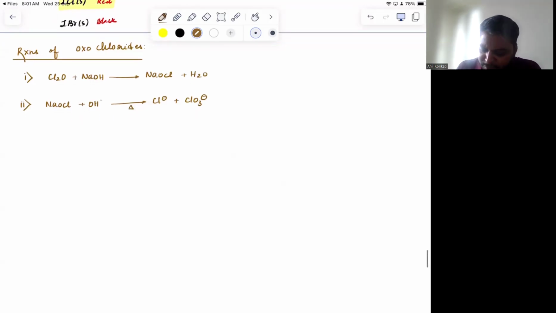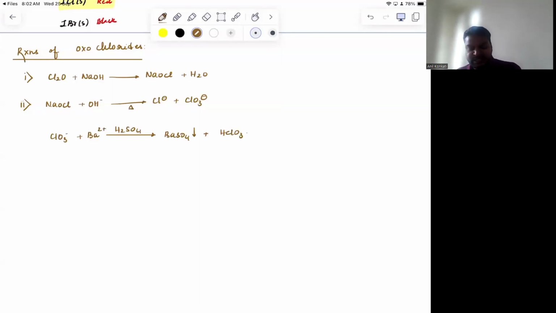And if we pass this ClO3 minus in the presence of barium, this will convert into barium and H2SO4. So this will become barium sulfate, and thereafter it will become HClO3. So barium 2 plus. Then this is reaction number 3.